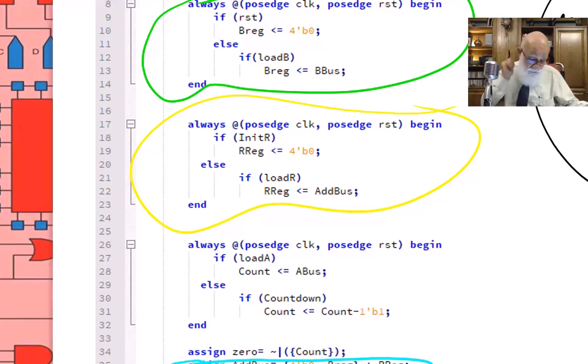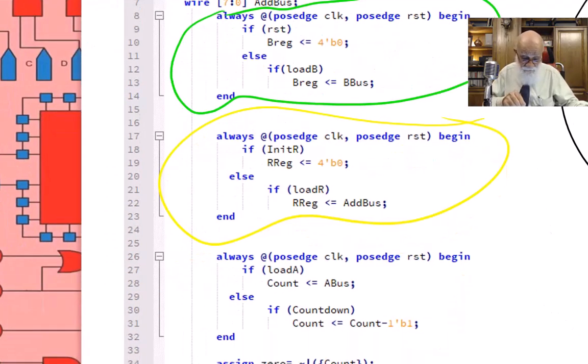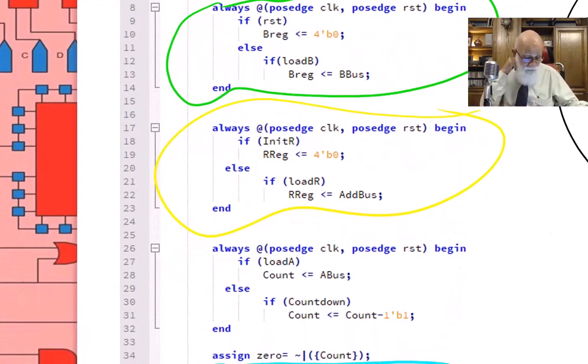Okay, R reg is, let's go up here, R reg is 8 bits. So why do I have 4 bits here? On line 19, R reg gets only 4 bits. It's true, it's my mistake. But it's a mistake that Verilog forgives. Verilog says, well, on the right hand side you put 4 zeros, the left hand side is really 8.